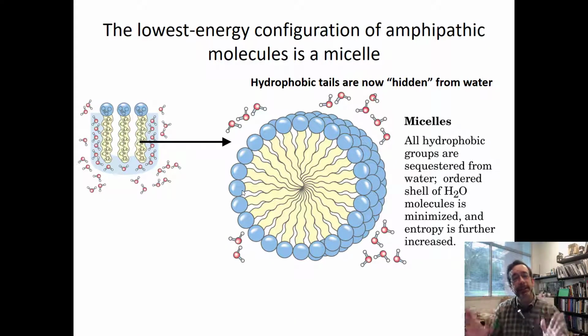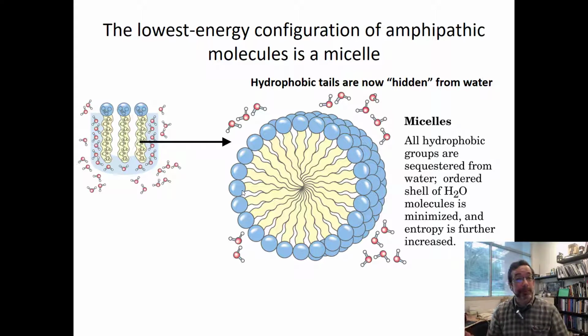Because if you extend this behavior and you just hide as many tails as you can, you end up with something that will be like a small bubble where all of the hydrophobic lipophilic surfaces are hidden, and all of the head groups, the hydrophilic head groups, are exposed.